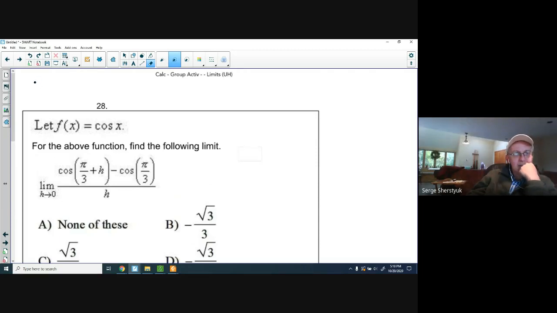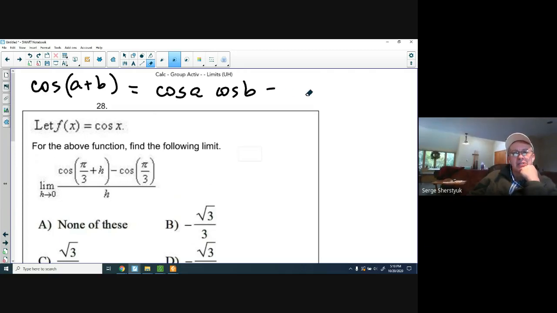All right. So it goes something like cosine of A plus B. Doesn't matter what letters I use, it could be X plus Y, it depends on your teacher. So cosine, if I recall, I think it's cosine of A times cosine of B minus sine of A sine of B. Yeah, I think so.